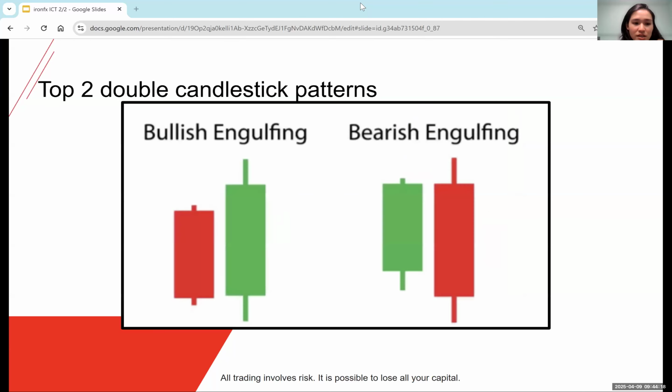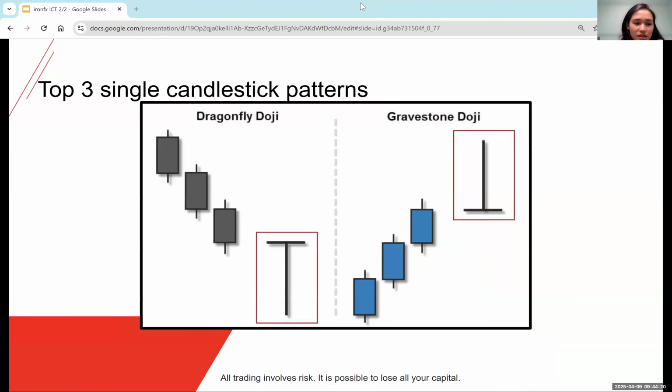Yep. So when I say you have to look at it contextually, you can't just look at it on its own, because this doesn't really tell you much. You have to see how it's positioned in your price structure. Just looking at it on its own, it just tells you that the open and closing prices are basically the same.